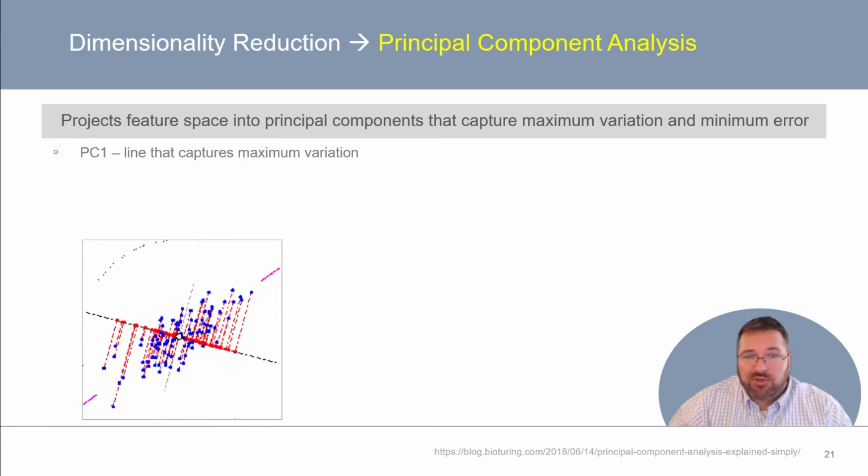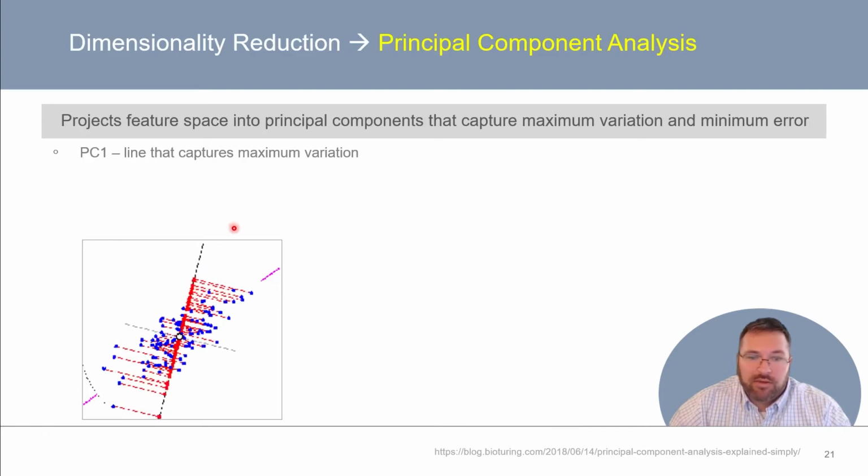To find the first principal component, or PC1, we seek to identify a line anchored at the center of our n-dimensional data cloud that's rotated in n-dimensional space. This line here mirrors the data point projections. We can see these projections as red dots connected with dotted red lines to their original data points.